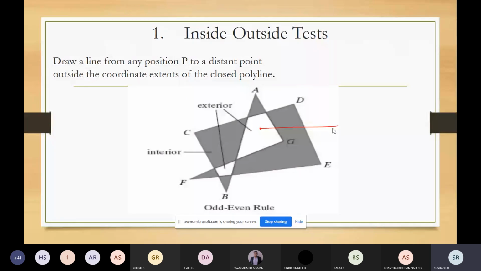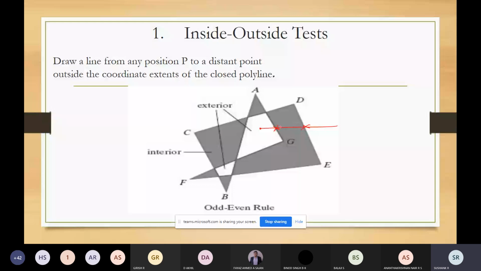Then I count the number of edges this line has crossed. It has crossed at two positions, AG and DE.